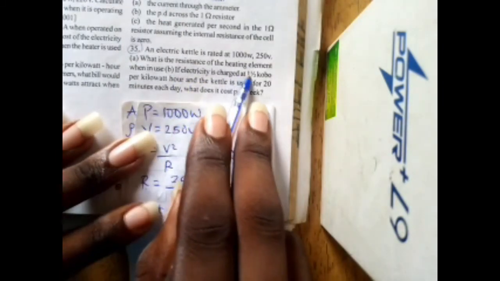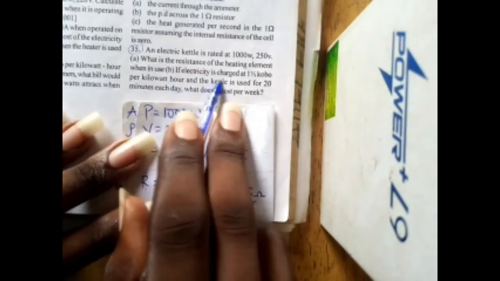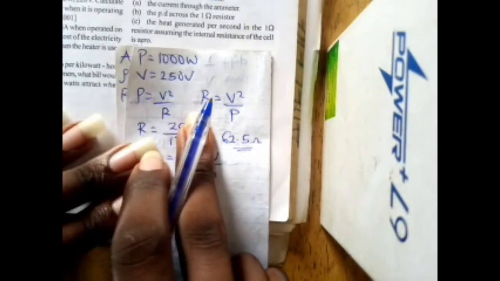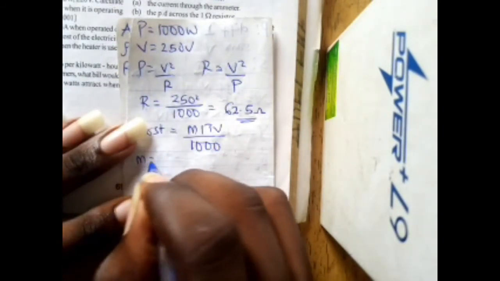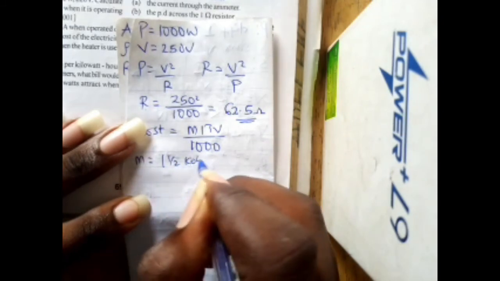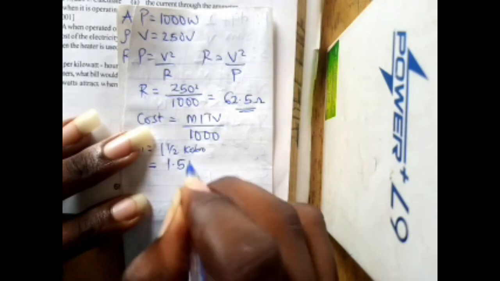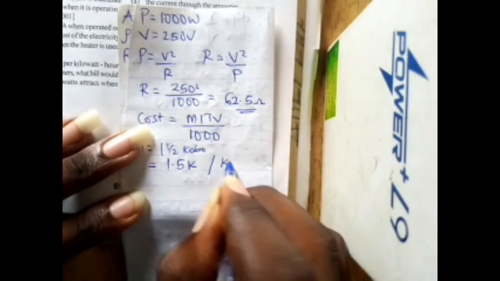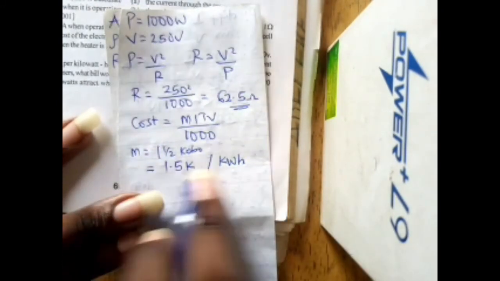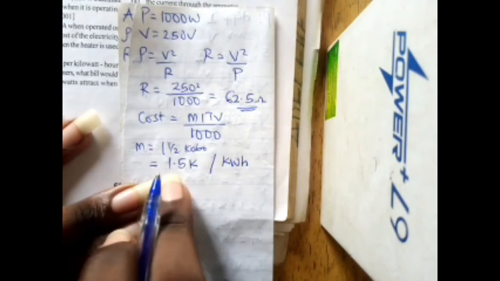Since electricity is charged at 1.5 kobo per kilowatt hour, power is consumed in kilowatt hour. The charge is 1.5 kobo, so for every kilowatt hour you use, they charge us 1.5 kobo.